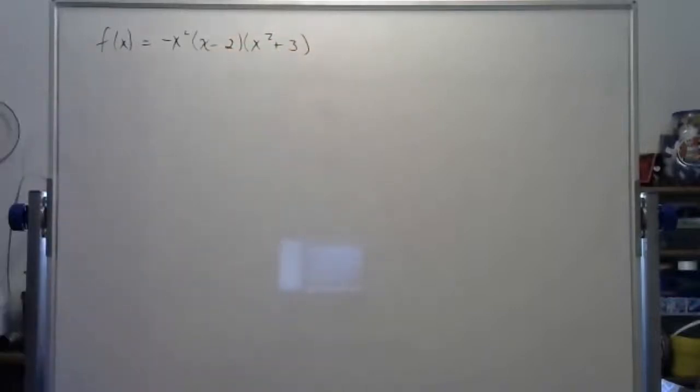Okay, so -x² times x minus 2 times the quantity x² plus 3. So again, it's in factored form, which is wonderful for us.